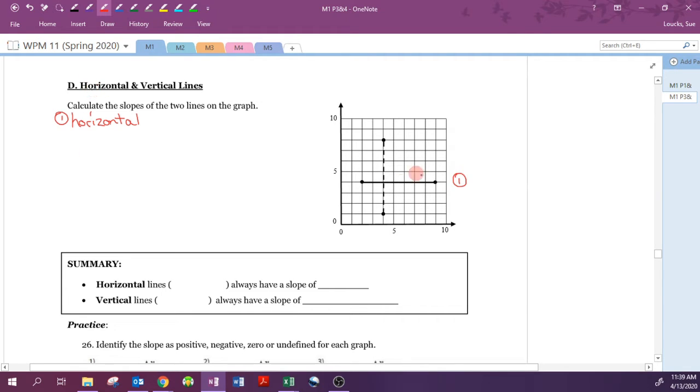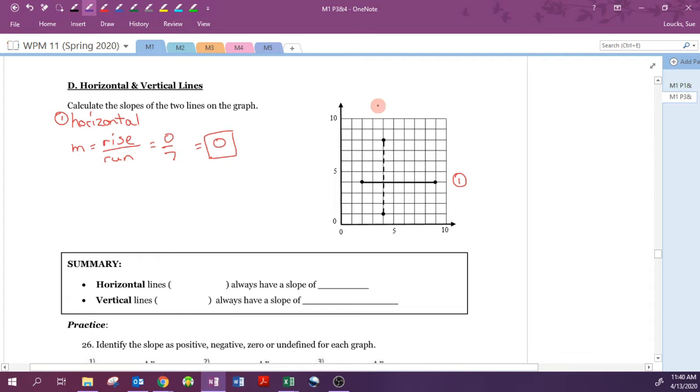And if I do my slope from the 2 endpoints of this line, I get that slope is rise over run. And the rise from this endpoint to this endpoint is 0, right? It doesn't go up or down. And the run is 1, 2, 3, 4, 5, 6, 7. So 0 divided by 7 is 0. So my slope is 0. Okay?